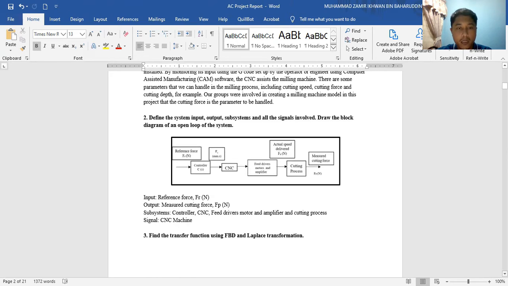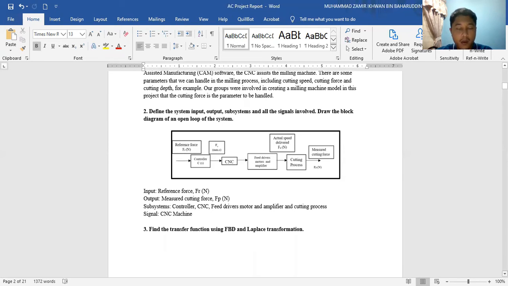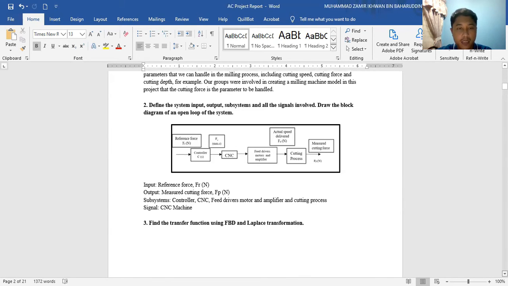The output is the measured cutting force, FP, in Newtons. The subsystems are the controller, CNC, feed driver, motor and amplifier, and the cutting process. And lastly, the signal for this open loop block diagram is the signal from the CNC machine.